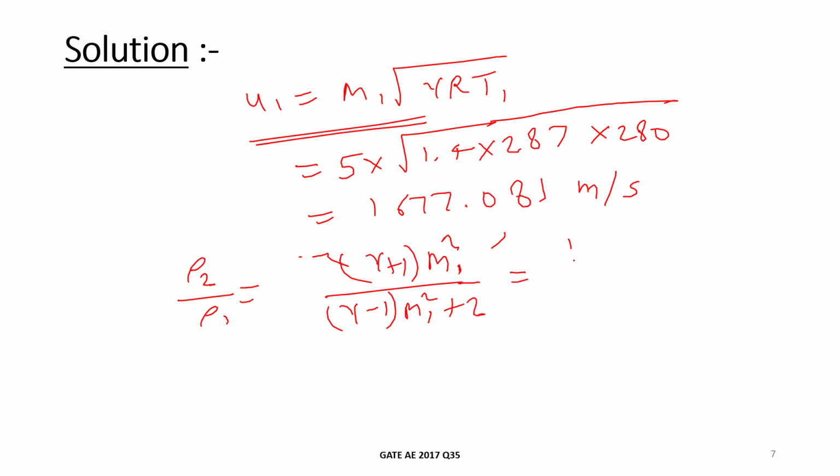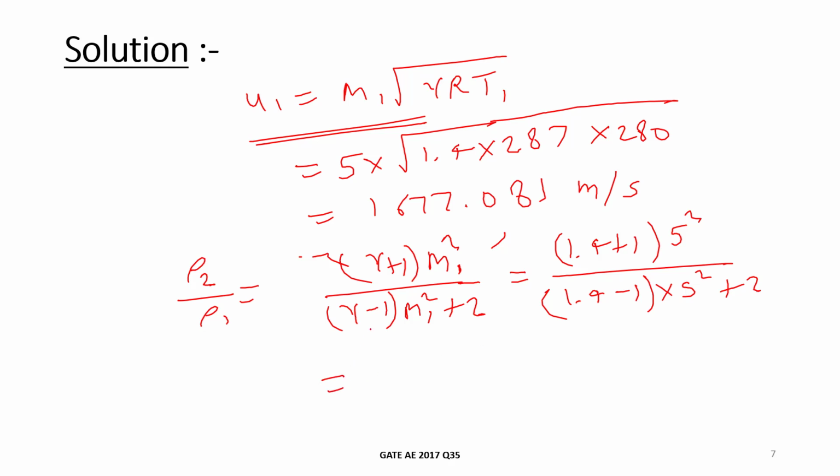So we put the value of gamma as 1.4, M1 as 5: 2.4 into 5 square upon 1.4 minus 1 into 5 square plus 2. When we put this value in the calculator, we will get rho 2 by rho 1 equal to 5.